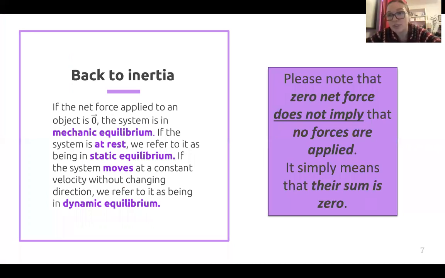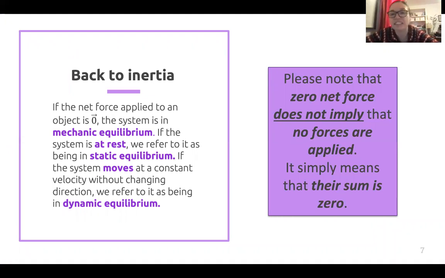Okay, so just a note, we will talk about something called static equilibrium. So that is when an object is completely at rest. It might be at rest on a plane or on the ground or in the air. It's just not moving. Okay, static equilibrium, fancy name for not moving. Mechanical equilibrium will be basically when the object is moving at a constant velocity, but it's not accelerating.